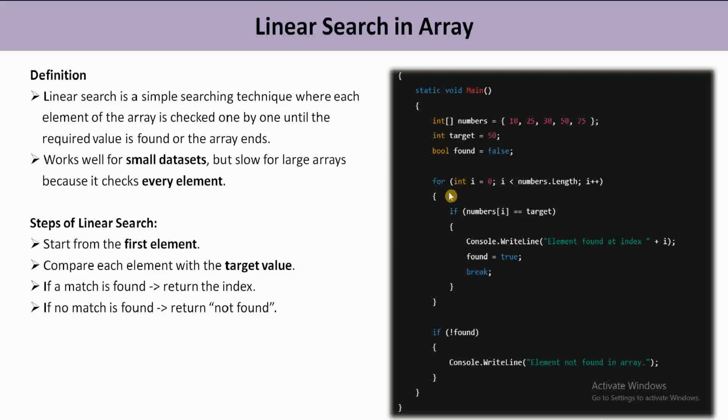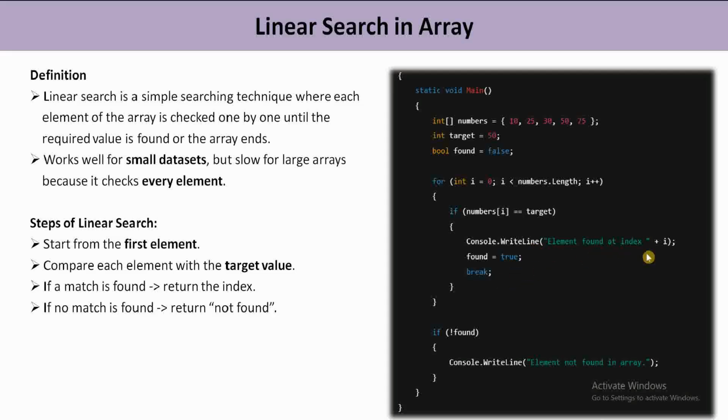Here we have a for loop where we iterate over all the items one by one and check whether the target value matches any of the elements. In this way we can check with an if condition. If it is true, it has found this value in the array, then it will go inside, set the boolean value to true and break this loop. If we do not break this loop, it will iterate the other values also, which we do not require.